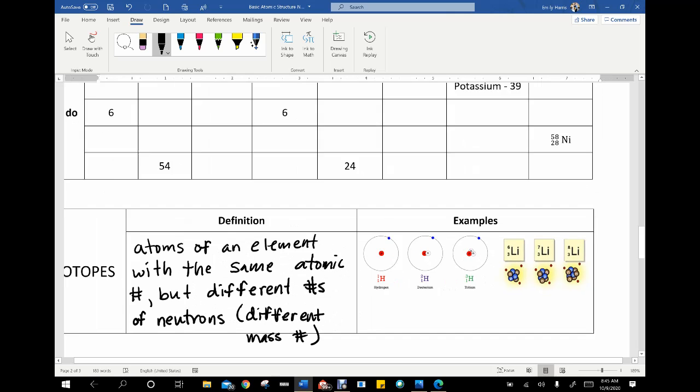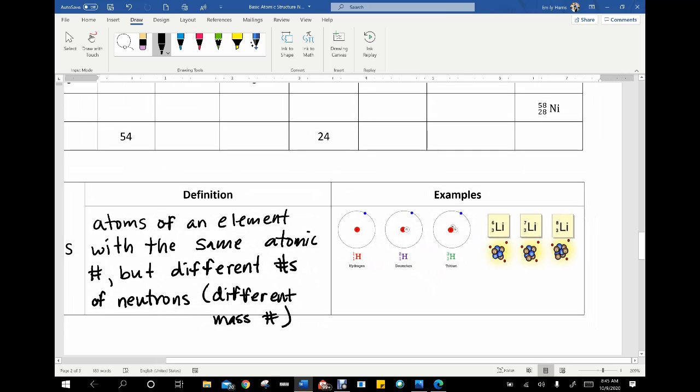And so if we look at some of our examples here, we have 3 different isotopes of hydrogen. Now you'll notice that what stays consistent is they all have 1 proton. That's what makes something a hydrogen atom, is 1 proton. That's its atomic number. But what changes is the first isotope of hydrogen has 0 neutrons.